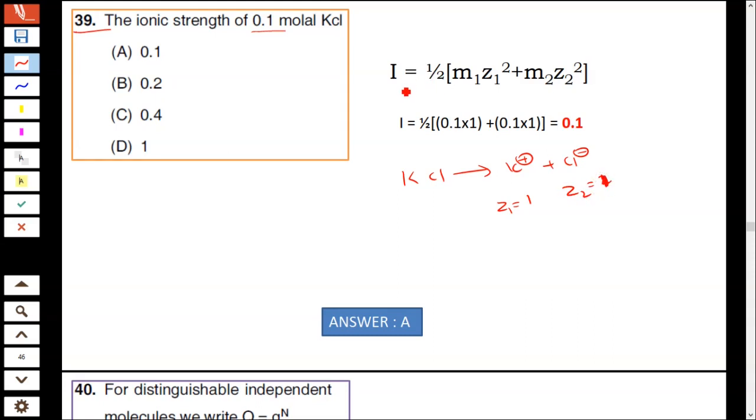So ionic strength I equal to half into M1 Z1 square plus M2 Z2 square, and M1 and M2 are equal to 0.1. Hence half into 0.1 into 1 plus 0.1 into 1, which is equal to 0.1. Hence option A is correct.